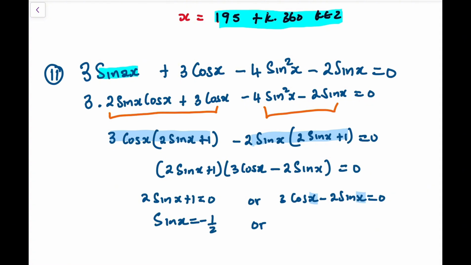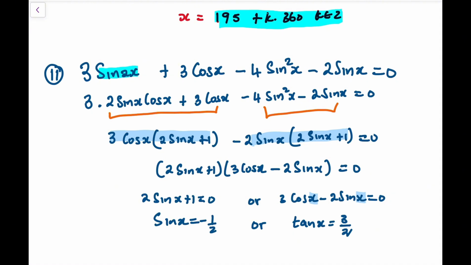So we can always take it to tangent by dividing everything by cos x. So if I divide everything, I am going to remain with tan x is equal to 3 over 2. So how did I get to tan x? I divided everything by cos x.